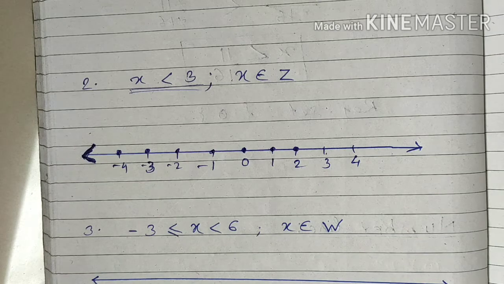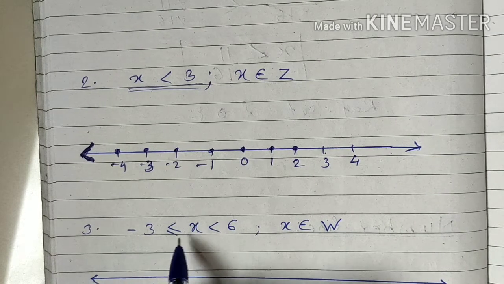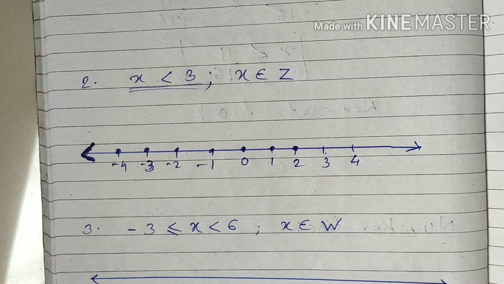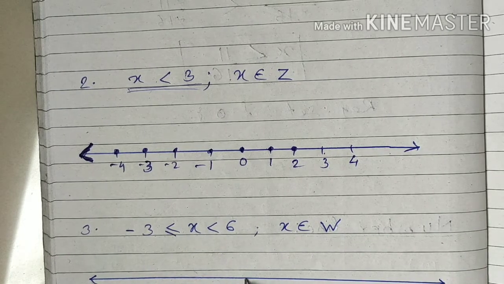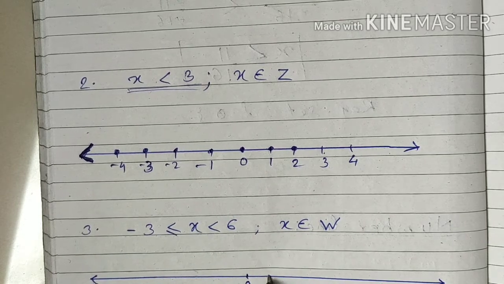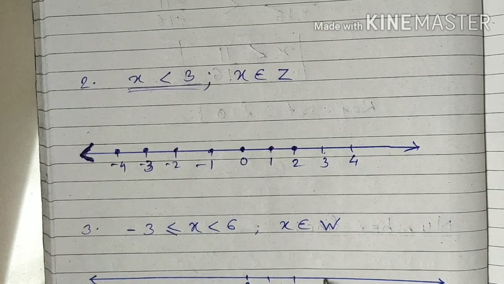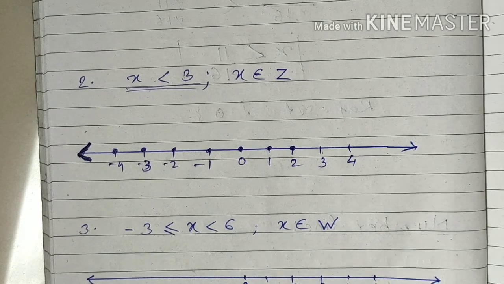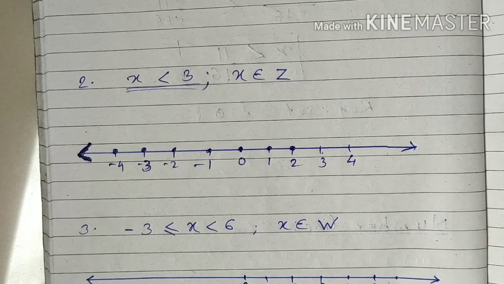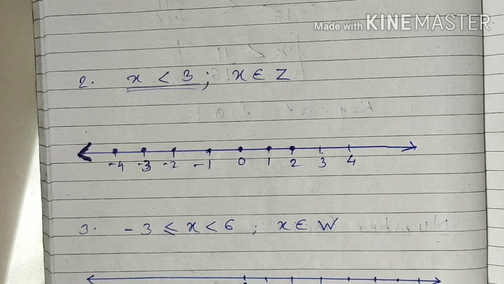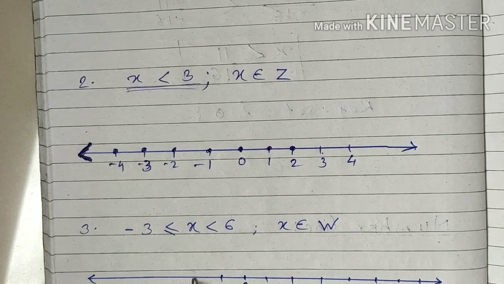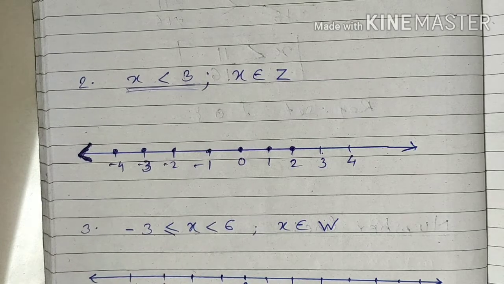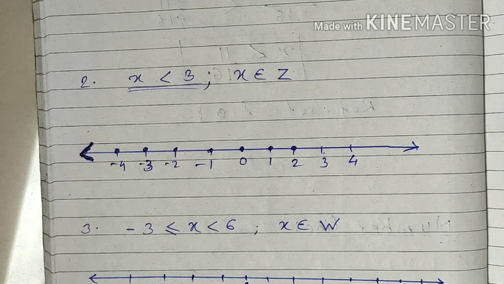Next, x is such that x is greater than or equal to -3 and less than 6. So it is 0, 1, 2, 3, 4, 5, 6, 7, -1, -2, -3 and -4.